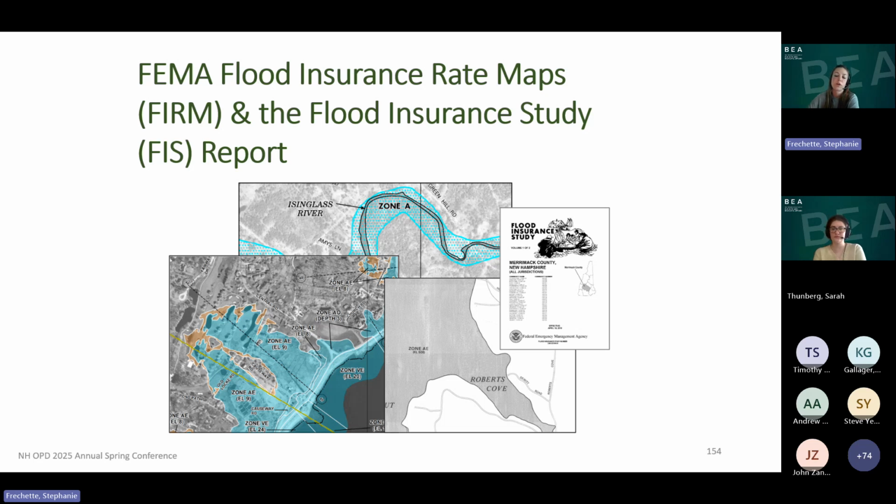FEMA is currently in the process of remapping the floodplains across New Hampshire through the Risk MAP process, and a newer version of the maps will be coming out in the coming months and years across communities in New Hampshire. So once FEMA finishes the mapping update process, all communities will have updated maps with more details showing flood zone information, like how you see on the map on the left.